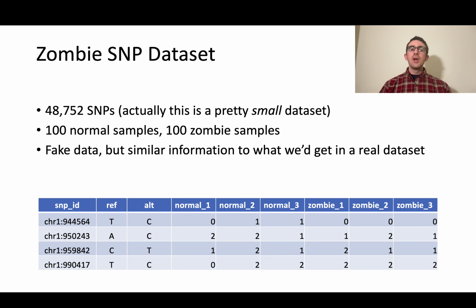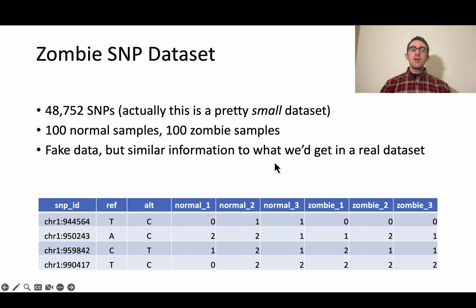And then each sample has 2 copies. So they could have 2 copies of the alternate allele, which would imply 0 copies of the reference allele, or 1 copy of the alternate allele, which implies that their other copy is the reference allele, or 0 copies of the alternate allele, which implies that both of their copies are the reference allele.